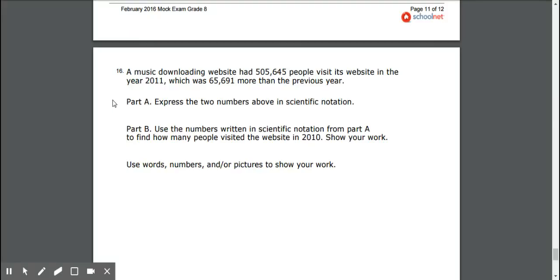Part A. Express the two numbers above in scientific notation. Part B. Use the numbers written in scientific notation from Part A to find how many people visited the website in 2010. Show your work. Use words, numbers and/or pictures to show your work.